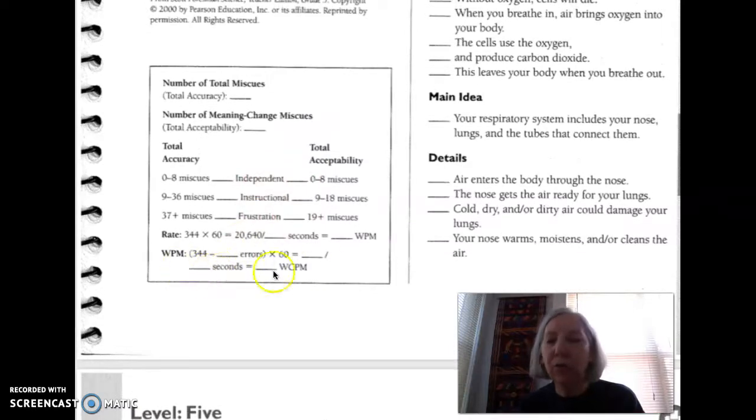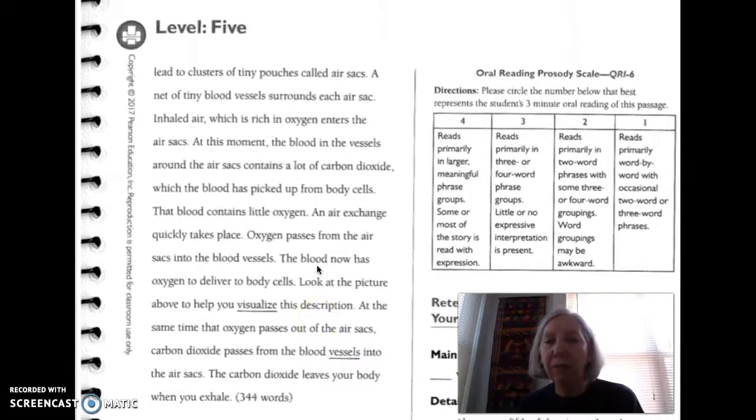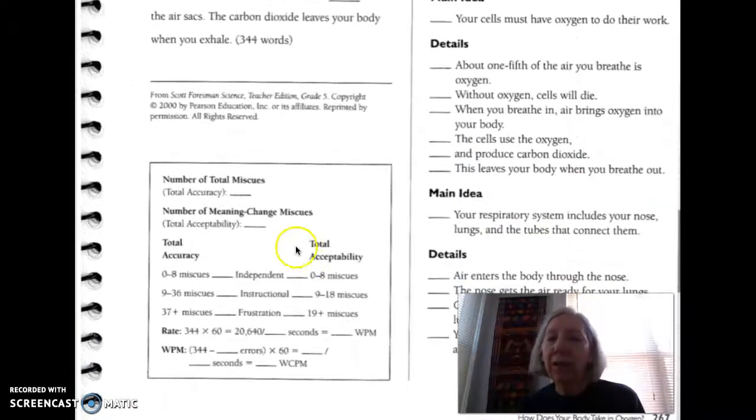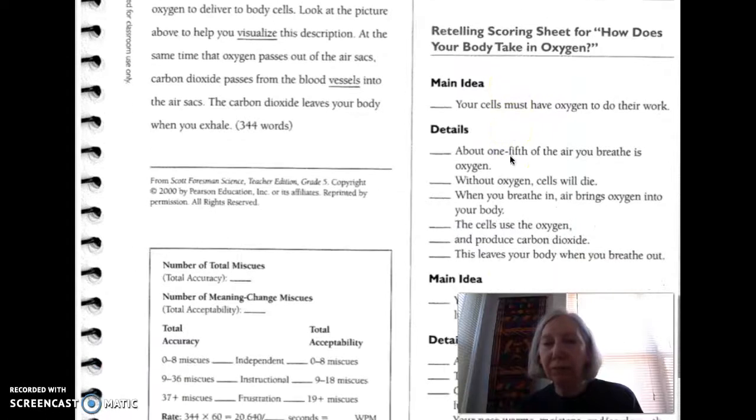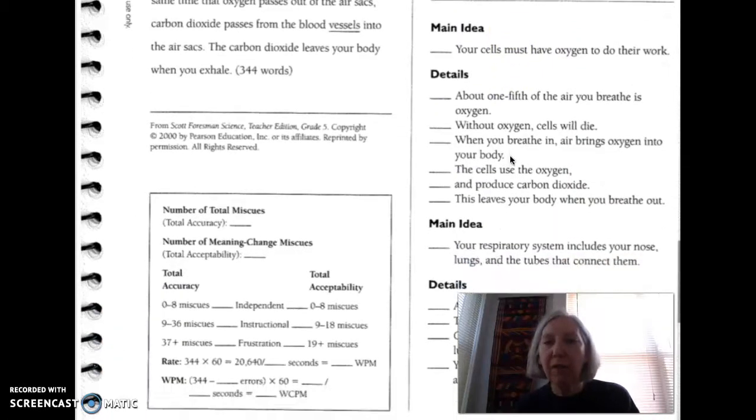And if you did time it, you could tell how fast the child read. So again, that could all be written onto a Word document if you need to. For the oral reading prosody scale, you could just tell me what level, or if you've been able to print this out, you can circle the level. And then the retelling.